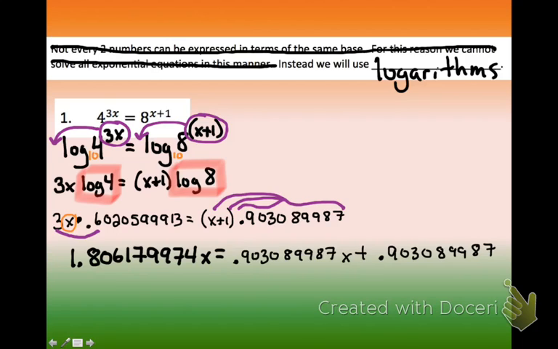The next thing you want to do to solve this, it's actually only a two-step equation now. So we're going to subtract this 0.9030899987x from both sides to get all the variables on the same side.